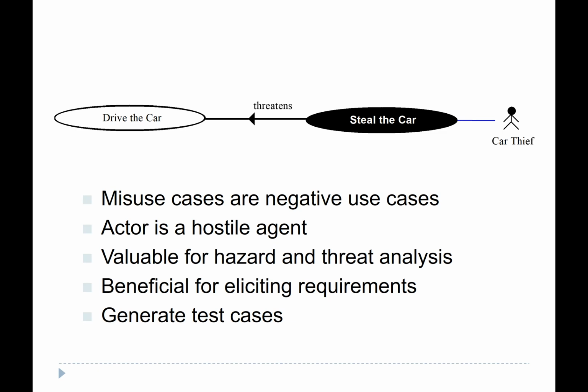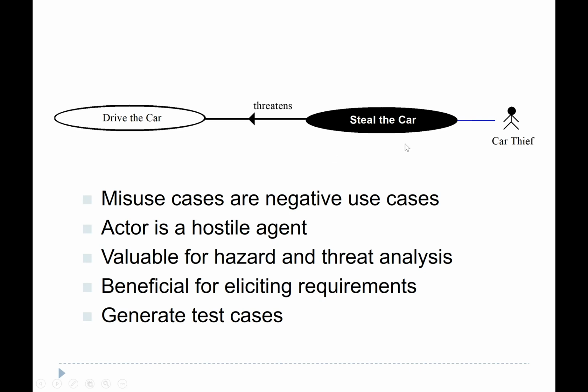But basically, the misuse case is what you see on the right-hand side of your screen where it says steal the car, and you see the colors are inverted. Now, this color inversion is symbolic, okay? It's still using an oval to show you that it's a functional thing that it's going to execute, except that that functional thing has negative consequences. So you can think of the misuse cases as negative use cases.